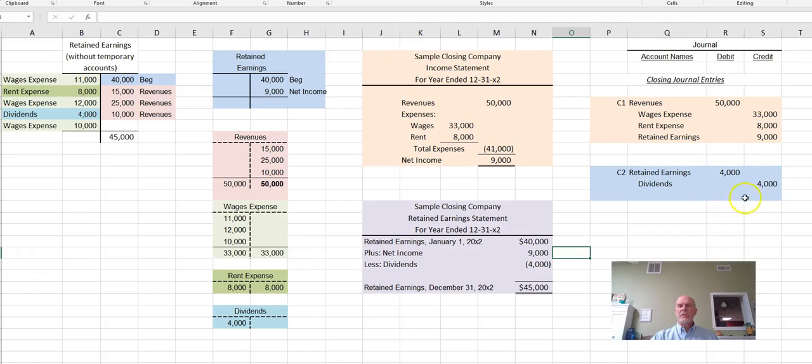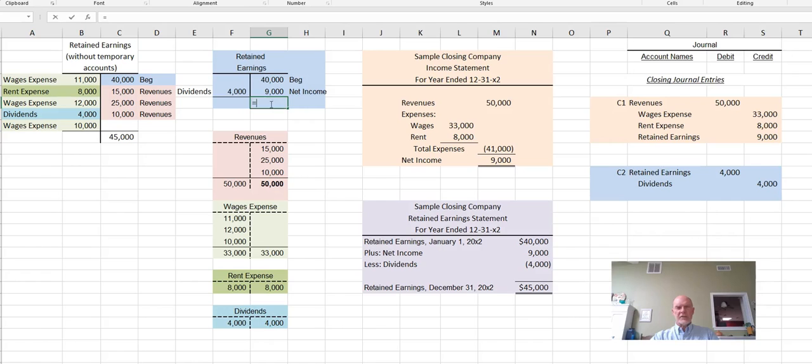And so the dividend account gets a credit, 4,000. That goes back to zero. The retained earnings gets a debit of 4,000. Again, that was the dividends. And now the ending balance of retained earnings is the 40,000 beginning balance, plus the 9,000 net income, minus the 4,000 dividends.